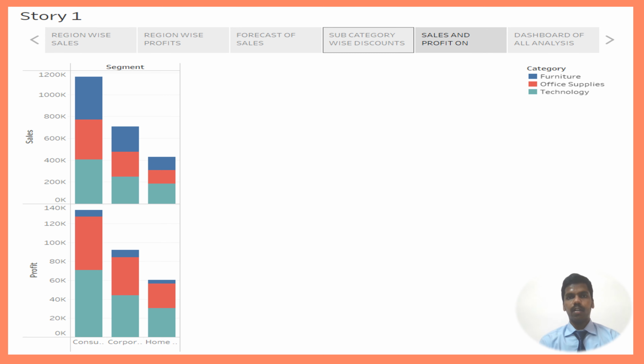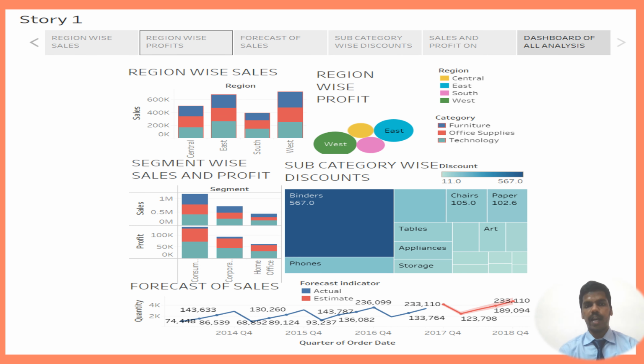So we cannot analyze the data in tabular form very easily, and we cannot say that in the north the profit is more and in the south the sales is less. By using Tableau we can convert all the data into graphical form and explain it easily. In this slide I have created all those five analyses in a single slide. It's called a dashboard in Tableau.